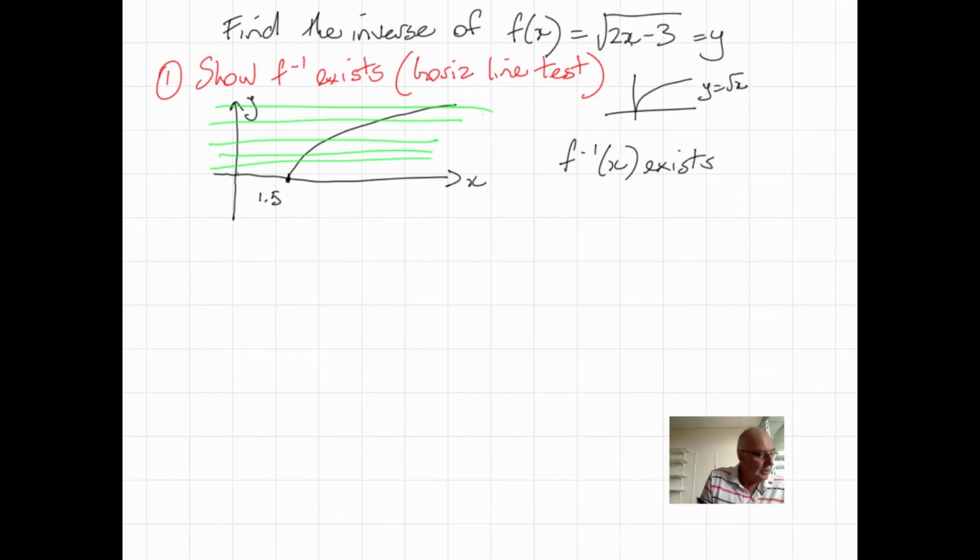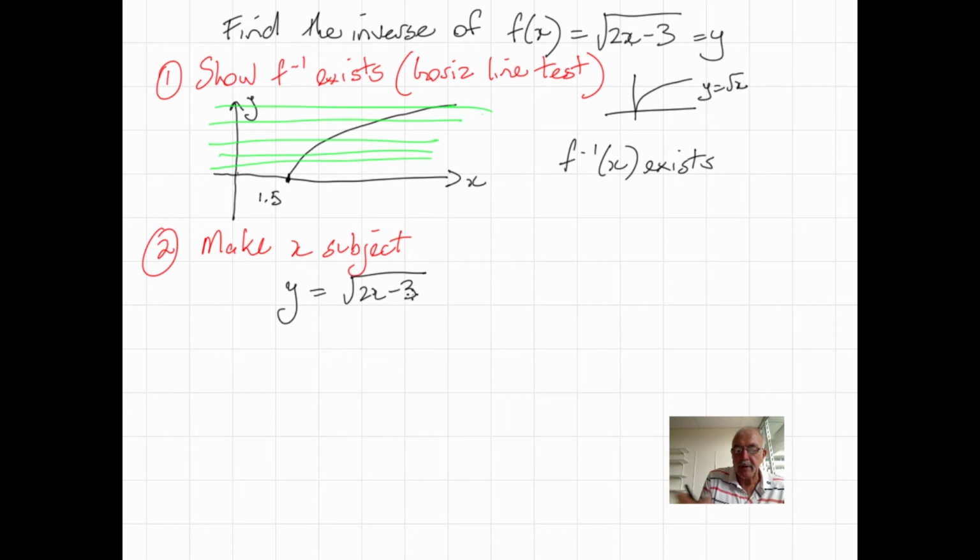Second step is to make x the subject. So this is my template. Make x the subject. Let's write our original equation down: y equals the square root of 2x minus 3. Just like in the previous example, with the square root on the right hand side, it isn't easy to get x by itself unless we square both sides.